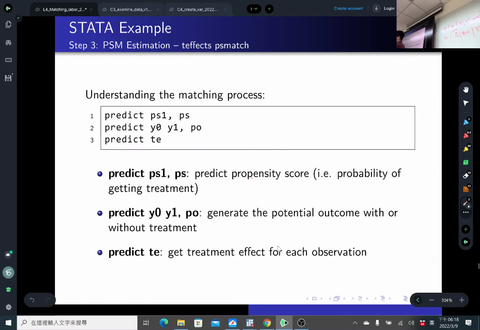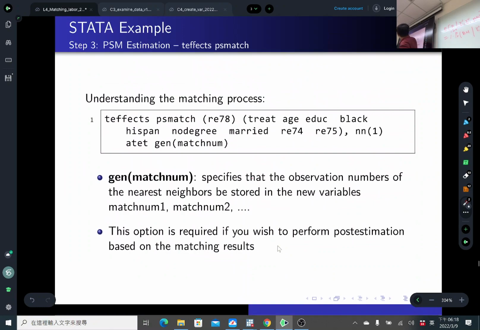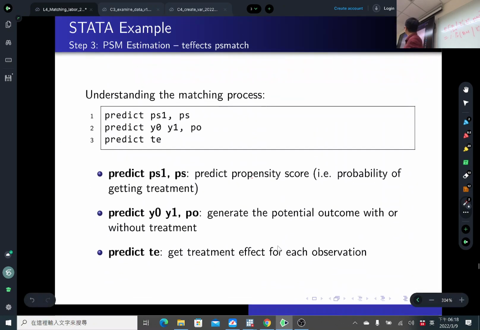After you implement this command, you can use the following command: predict PS. PS means propensity, so you will generate a new variable, PS1, that is propensity. This PS is an option.